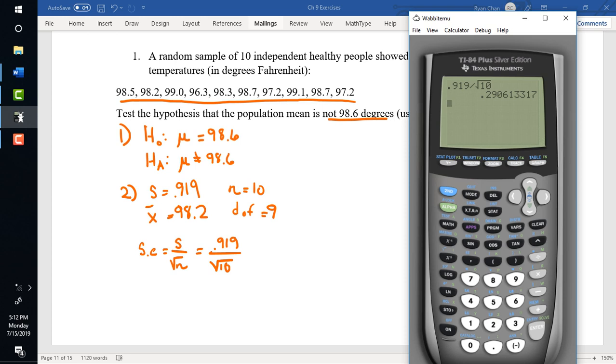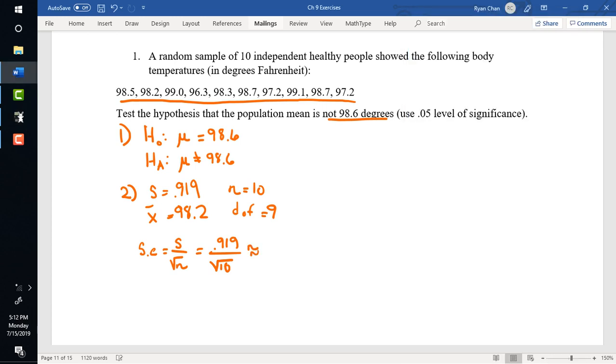I get 0.2906. Let's go 4 places out. And then I also want to find my t, which is the following.